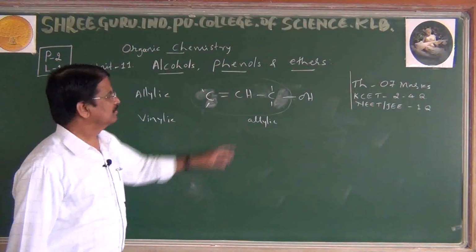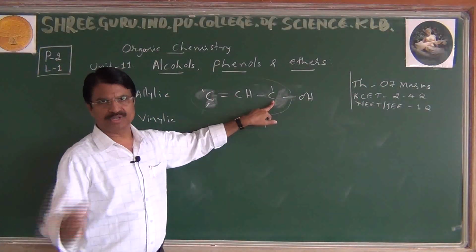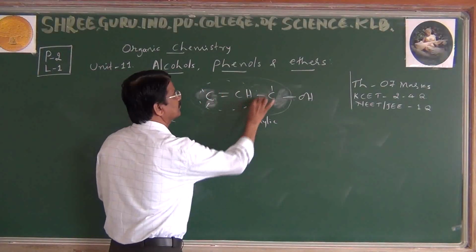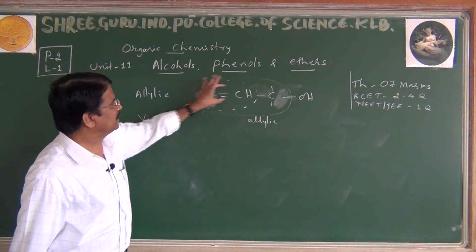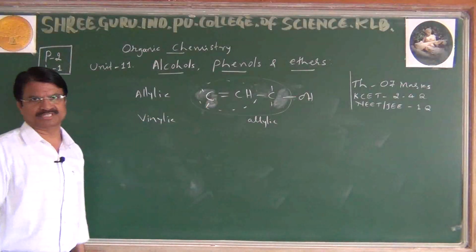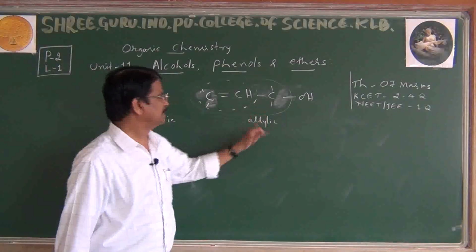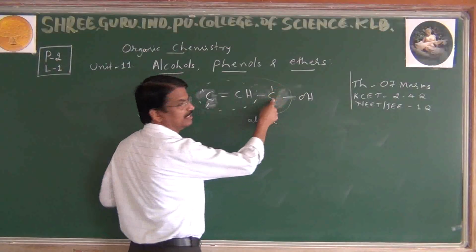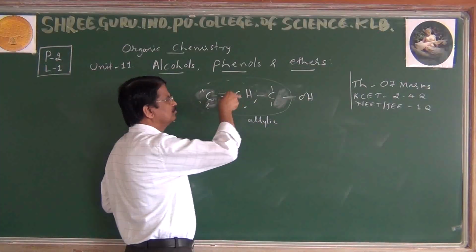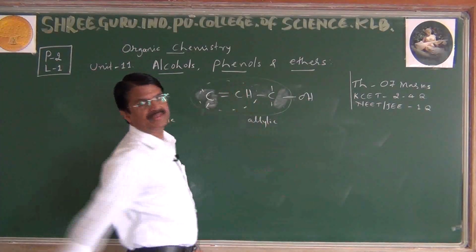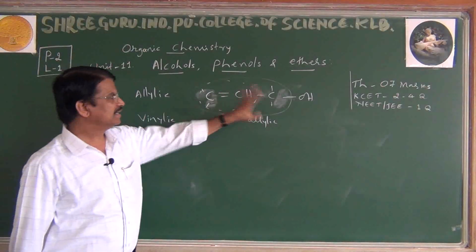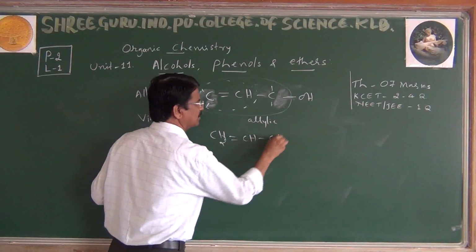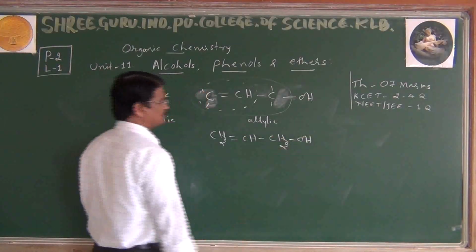So important: OHC immediately linked with the C double bond C, and such a group is named as allylic group. Then OH group linked with C, then to C double bond C, and such compounds are called allylic alcohols.